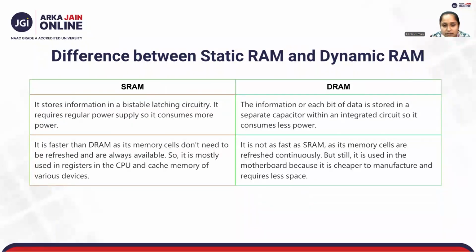SRAM is faster than DRAM as its memory cells do not need to be refreshed and are always available. So it is mostly used in registers in the CPU and cache memory for various devices. DRAM is not as fast as SRAM as its memory cells are refreshed continuously. But still, it is used in the motherboard because it is cheaper to manufacture and requires less space.